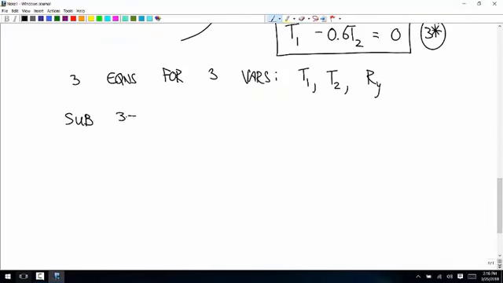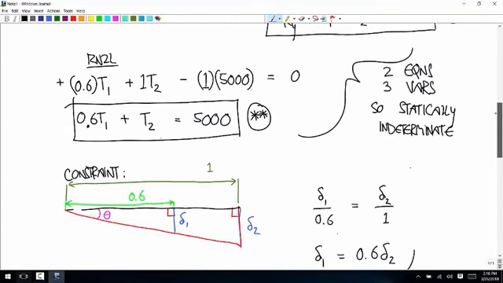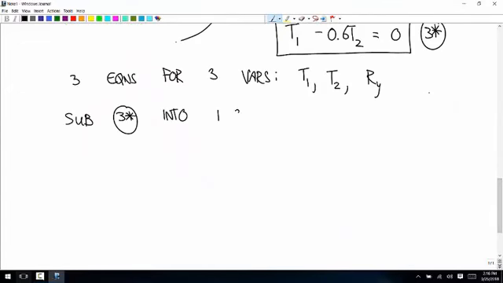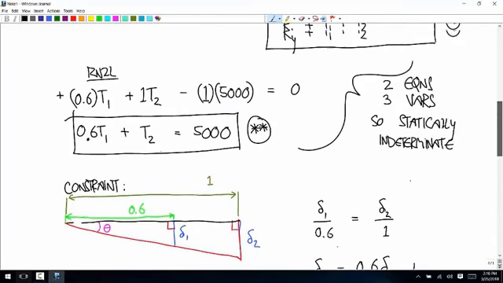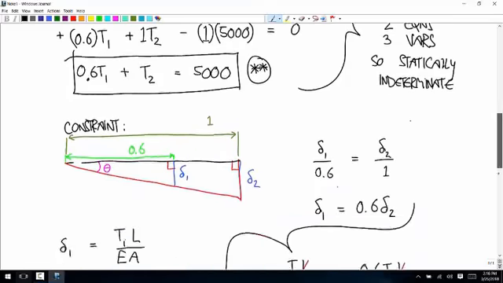So I'll sub 3 star into 1 and 2. And equation 1 star becomes RY plus 1.6 T2 is equal to 5,000.